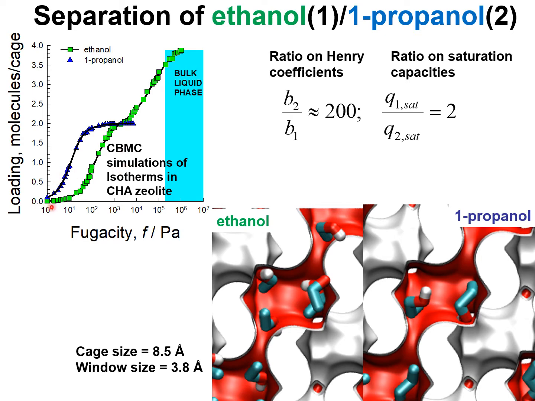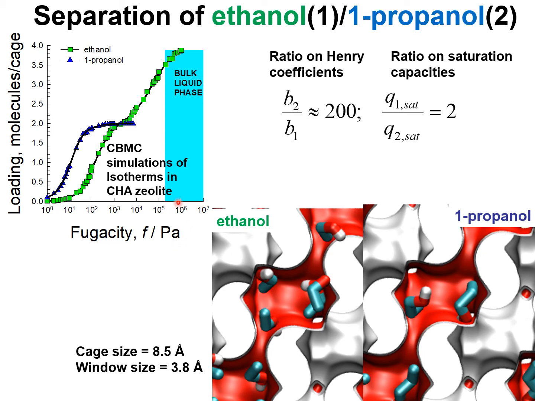For ethanol, shown by the green squares, a maximum loading of 4 molecules per cage is achieved at pressures or fugacities exceeding about 500 kilopascals.